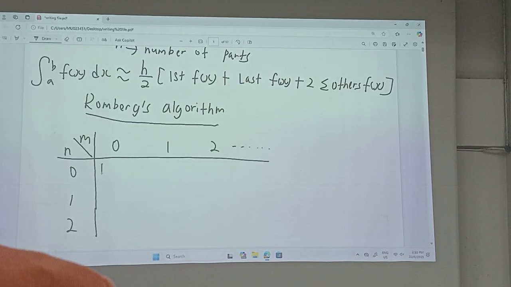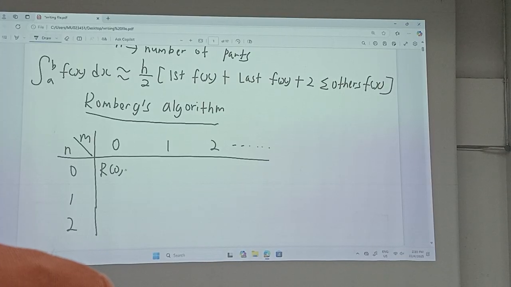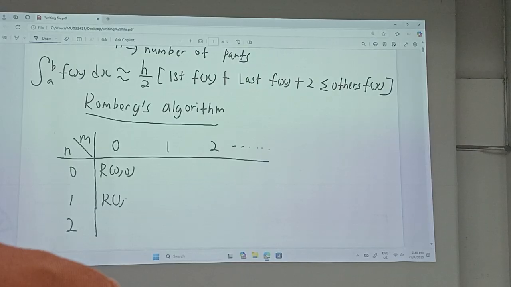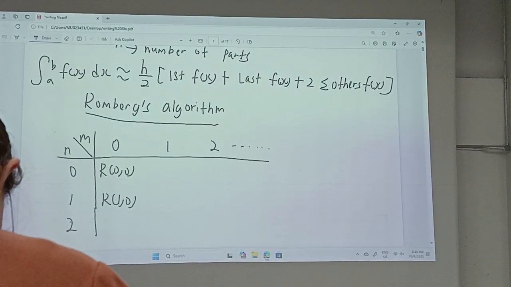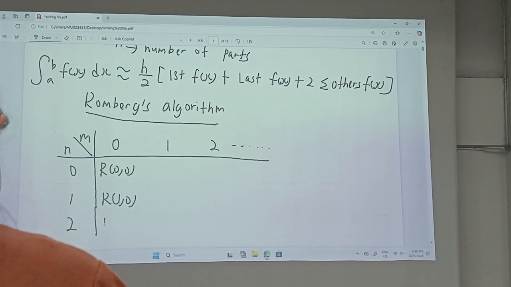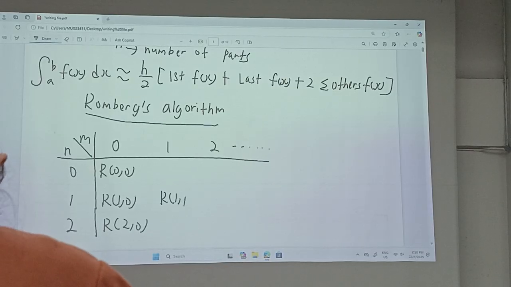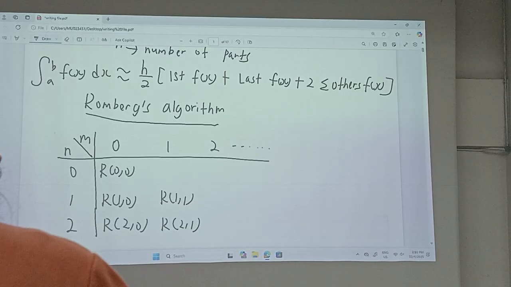So the first element here will be R00, and second here will be R10. Follow the index here, R20. And then here will be R11. Okay, and here will be R21.